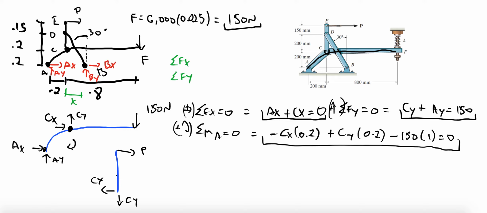Notice that I'm drawing them in opposite directions on purpose. It's a pin. We're taking it apart. By Newton's third law, we need to do it that way, otherwise it would be incorrect. So every time you take it apart, if it's a different link, you invert the directions. When I do the sum of forces and moments, those are going to change from link to link, so you have to respect those directions.